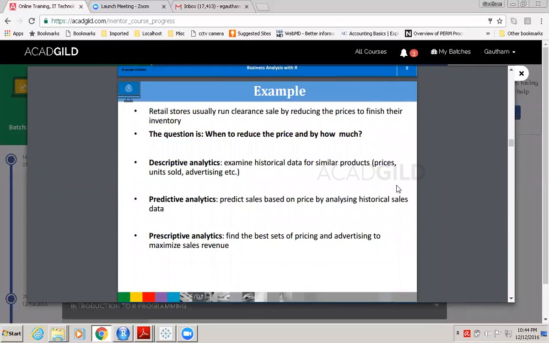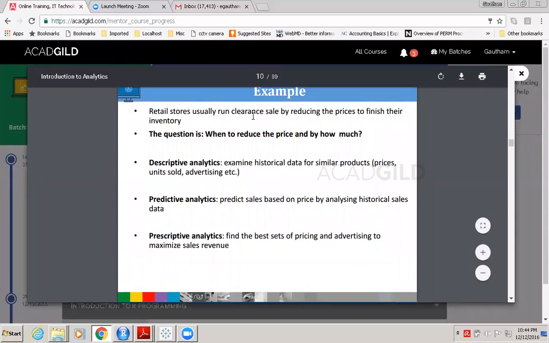So examples, we have already discussed these examples. Retail stores usually run clearance sales, reducing the prices of the goods to finish their inventory. This is a common scenario that you would have observed. So how are they doing this? They are using descriptive analysis to examine historical data for similar products, and they'll be using predictive analytics to predict the sales based on the prices.